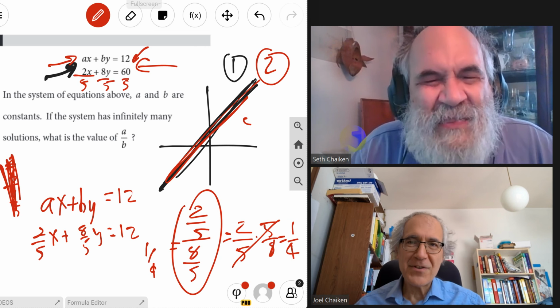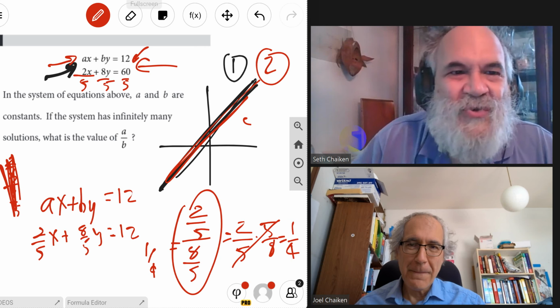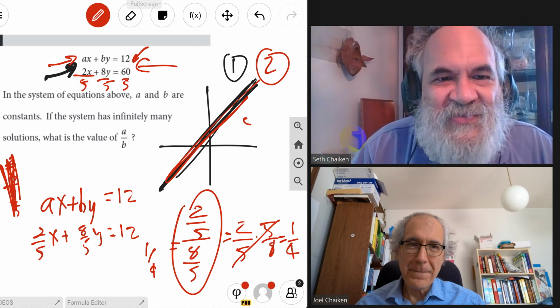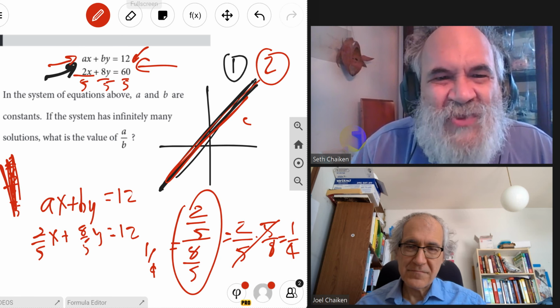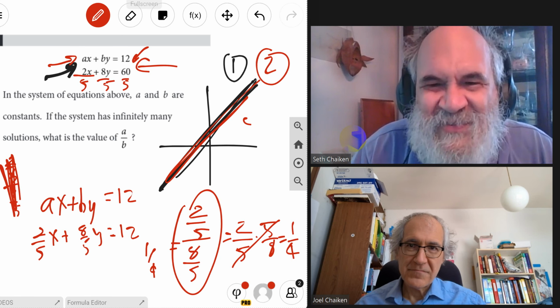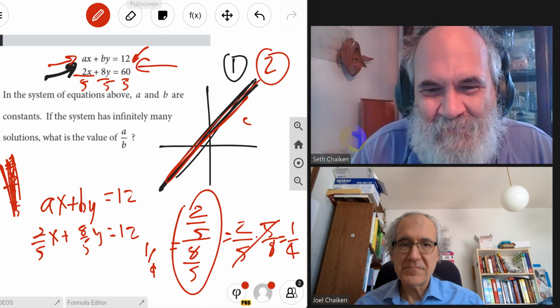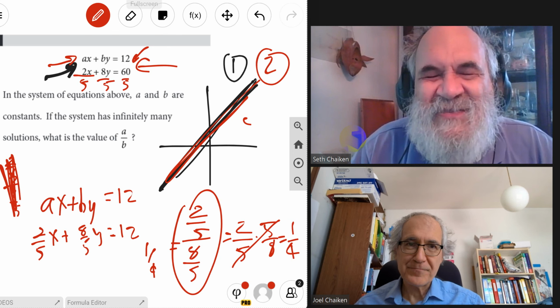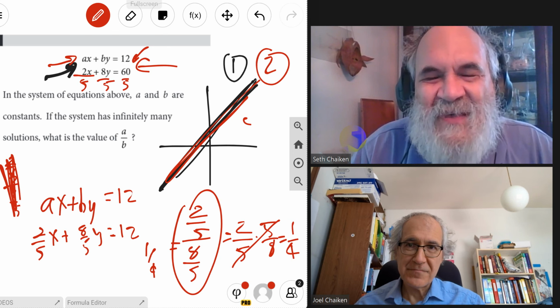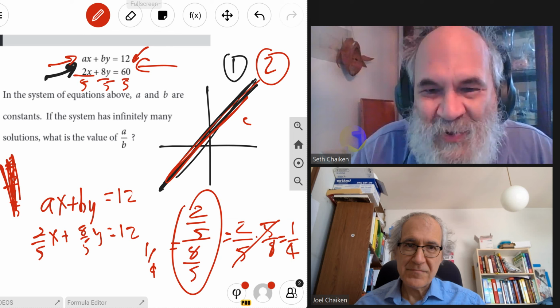However, the other, more elementary way is, as Joel said, a situation where you want to detect when the two lines are the same line. Being the same line implies that they have the same slope.